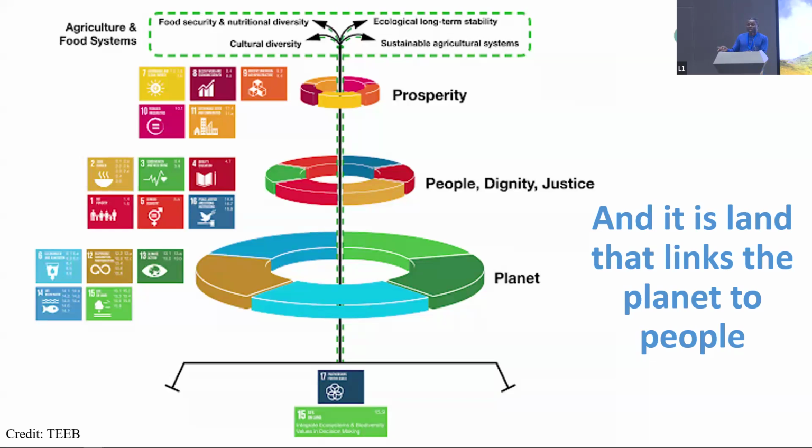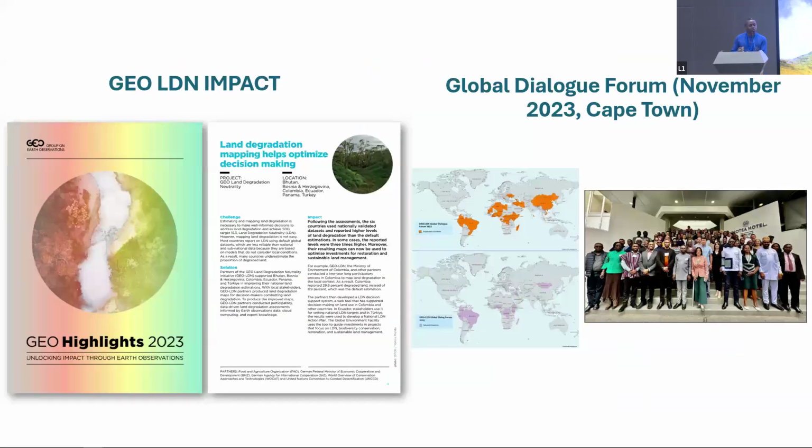And that is why, at least with our technologies on EO, we can better do some of these things. So just to highlight a few things from GeoLDN, if you look at the map, the geologists tell us that millions of years ago, all the land was connected as one.